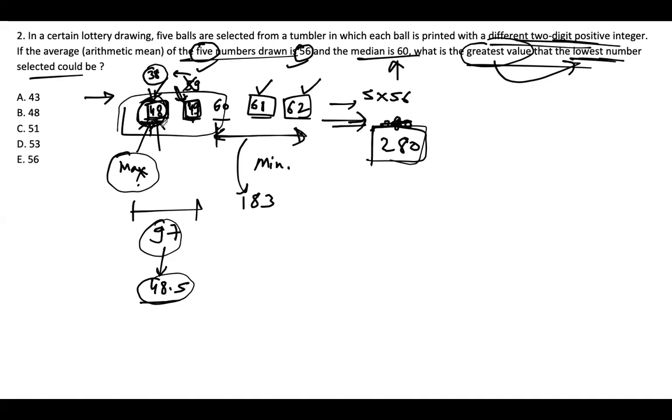I need to maximize it, hence I am distributing this into 2 equal parts, because this needs to be minimum and this needs to be maximum at the same time, okay? Hence I am dividing this into 2 equal parts and giving 48 here and just one more here. Important. What should be our answer? 48.